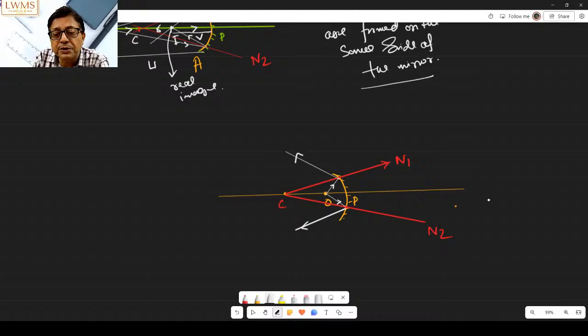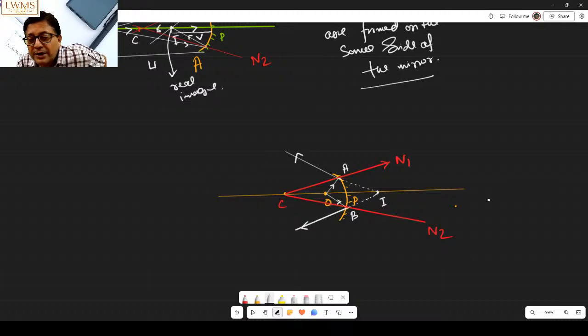Now you produce these two rays backward. This point is going to be the position of the image. Clear? From the object a ray is going this way, at A reflected, at B reflected.